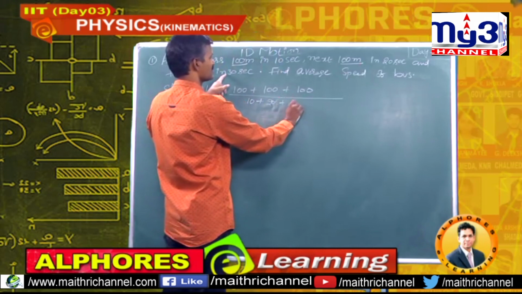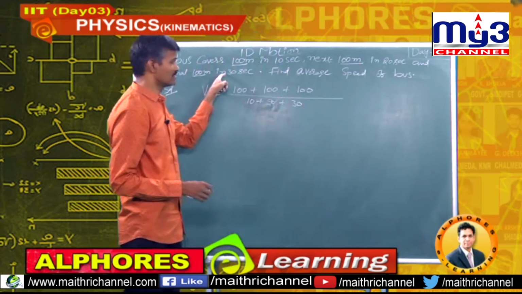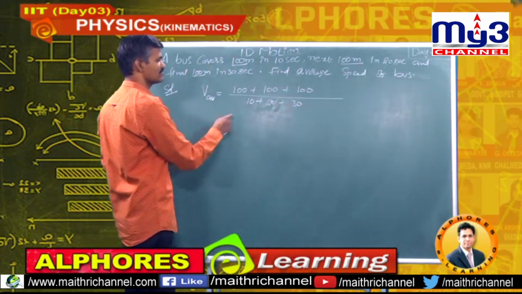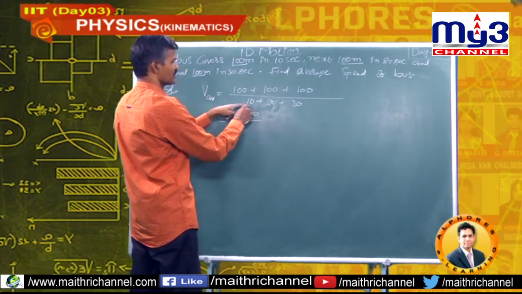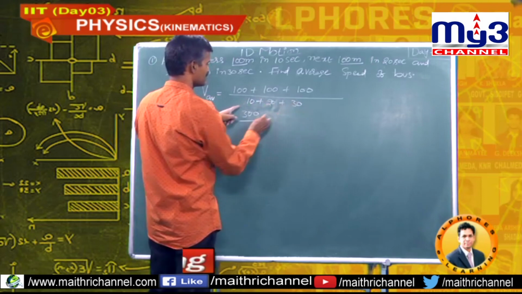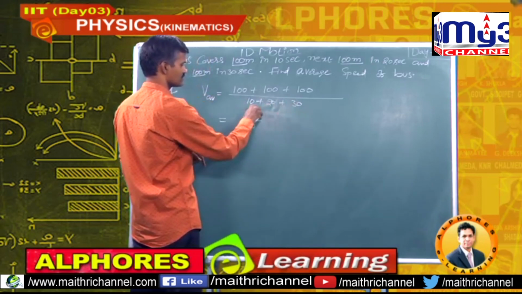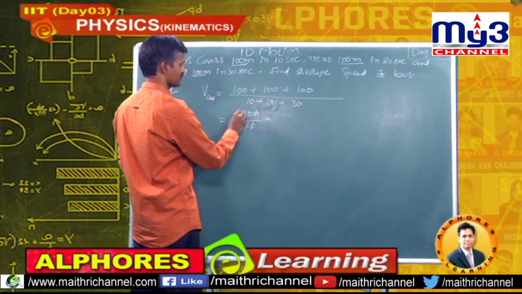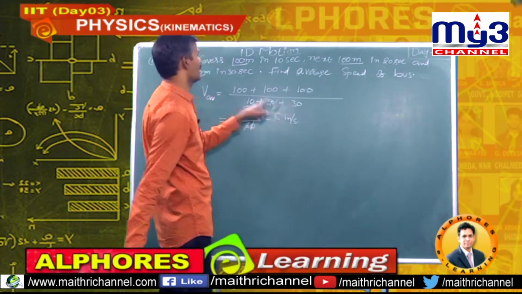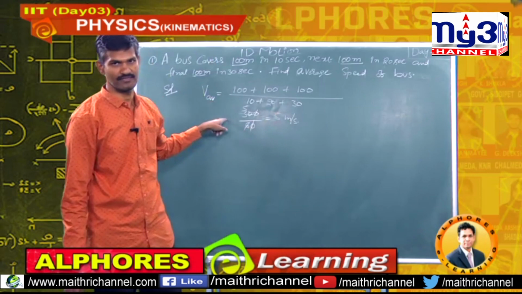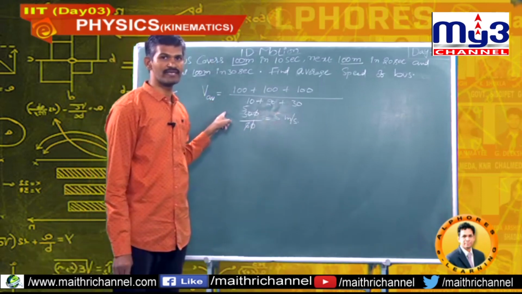Right? So the average speed is 300 by 10 plus 20 plus 30, that is 60. This 0 gets cancelled, 6 1s are 6, 6 5s are 30, so this is 5 meters per second. This is the average speed of the bus.